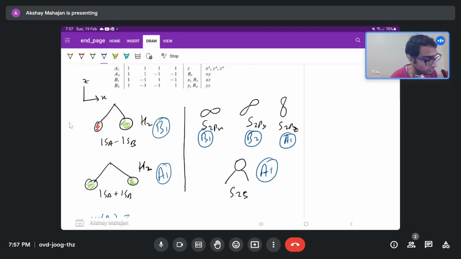Okay, this is for the oxygen part. This is basically for the oxygen part that we have done, the 2s, and the orbitals will be similar, but it will be like this.